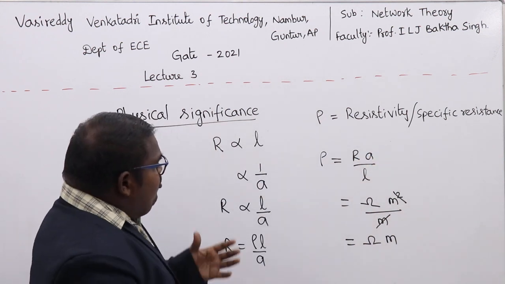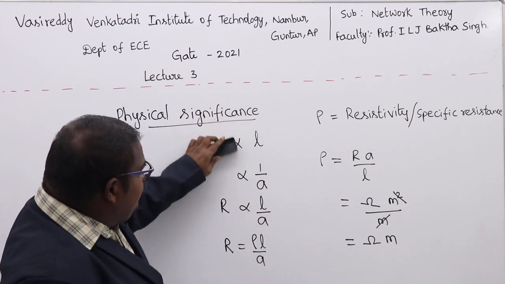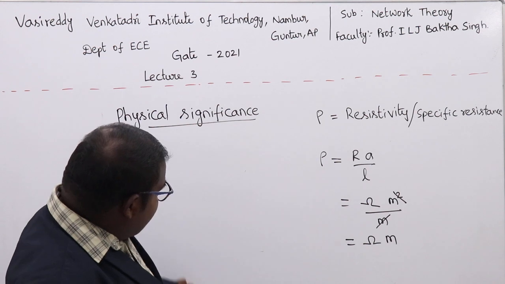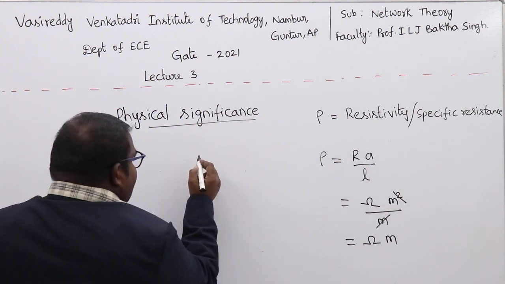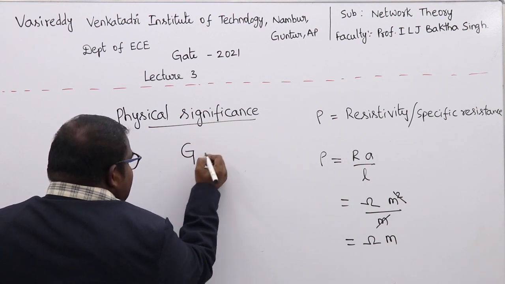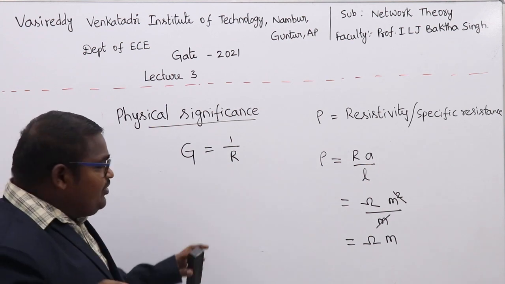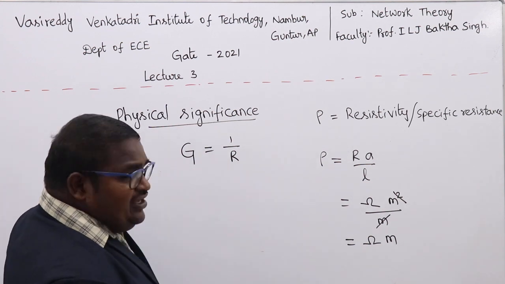Now, what is the inverse of resistance? The inverse of resistance is called conductance, which is denoted by G. G is equal to 1 by R. The reciprocal of resistance is called conductance.